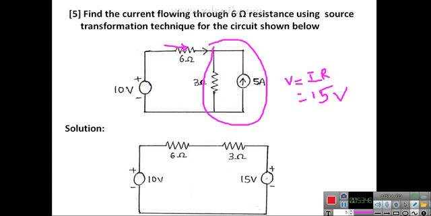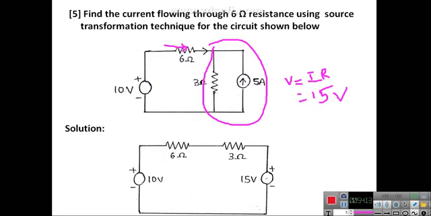Now once you convert this current source into a voltage source, further you can simplify. These two voltage sources are connected in series, with similar terminals connected together, which means you need to subtract. So 15 minus 10, that is 5 volts in series with these two resistors.